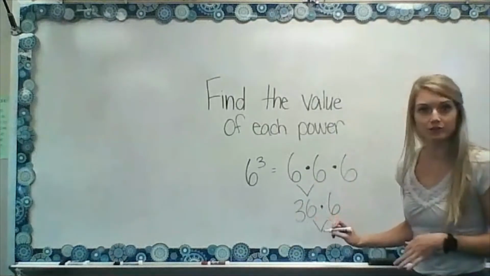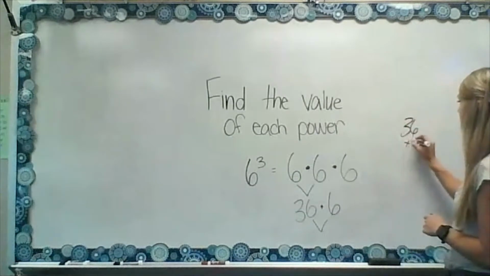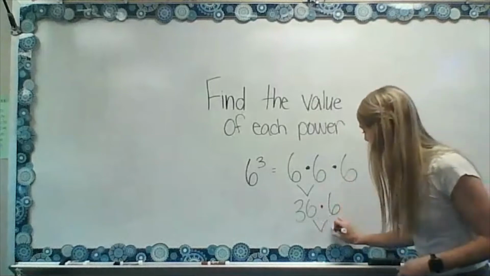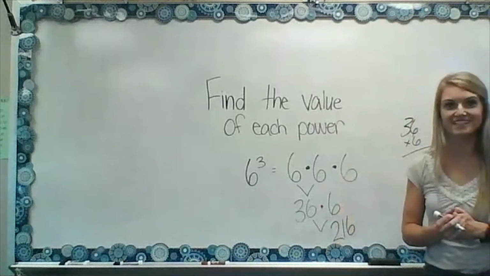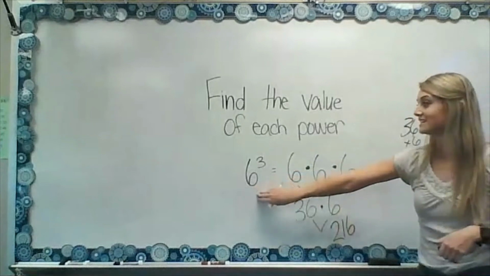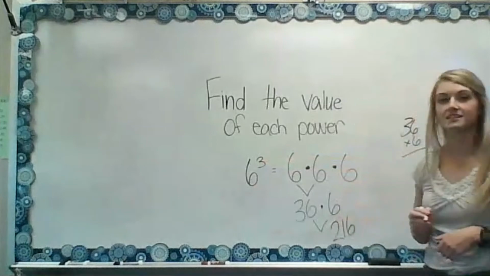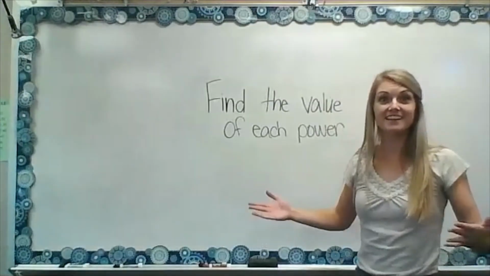If you're not sure what 36 times 6 is, you could just come over here and do your practice math. But if you know what it is, you can just write down the answer, 216, okay? So 6 to the power of 3 equals 216.